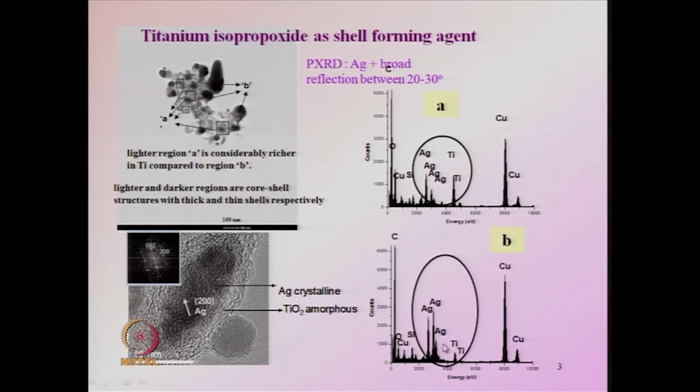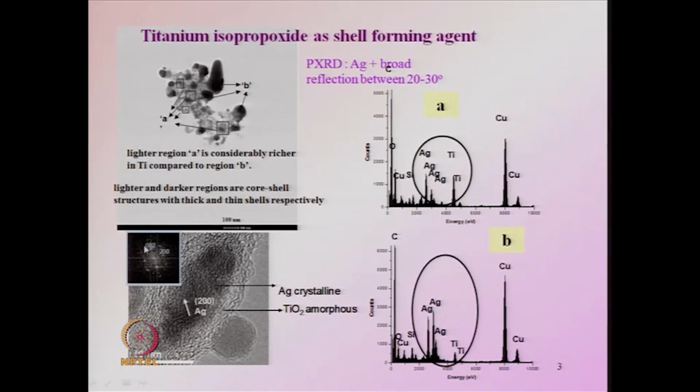So, you have a high density of silver in the core, which suggests this is a typical core shell structure. And from the lattice fringes which you can see, you can estimate this fringe width and find out the corresponding lattice planes of silver particles, and this distance corresponds to the 200 reflection plane of silver.